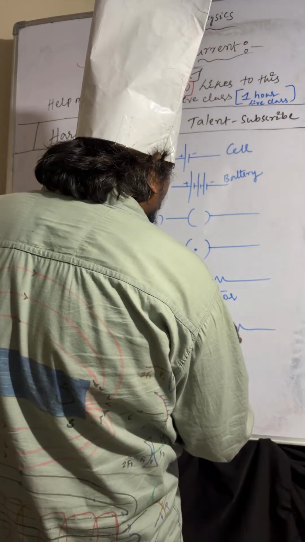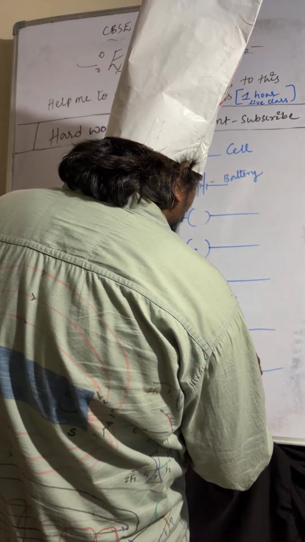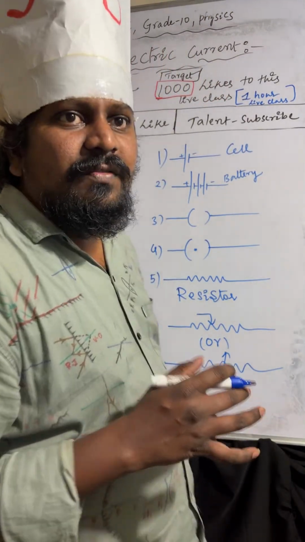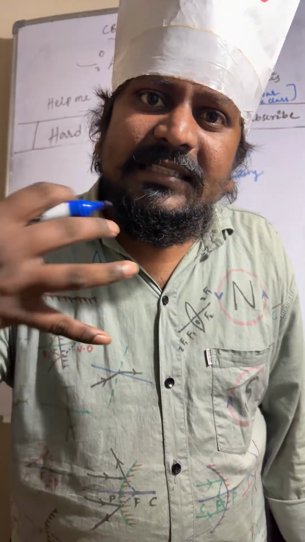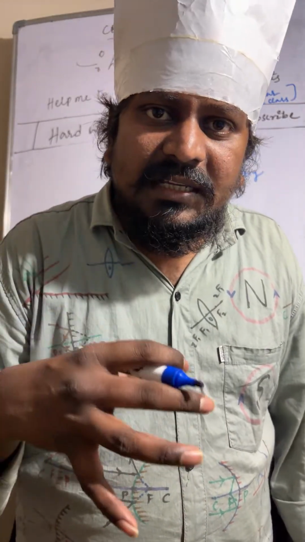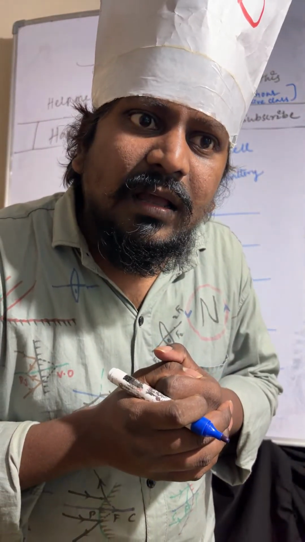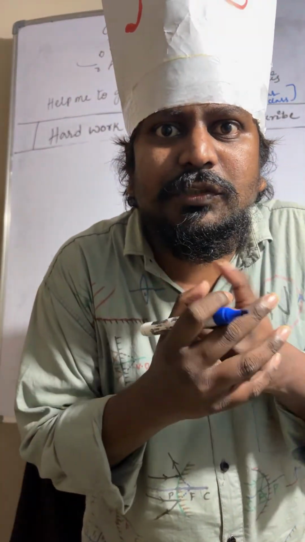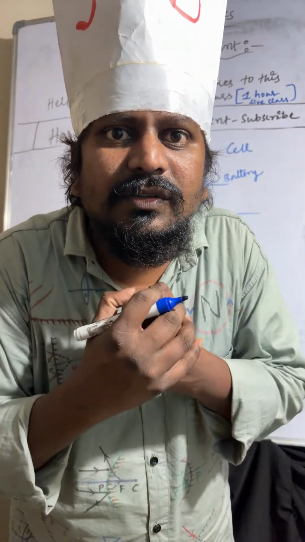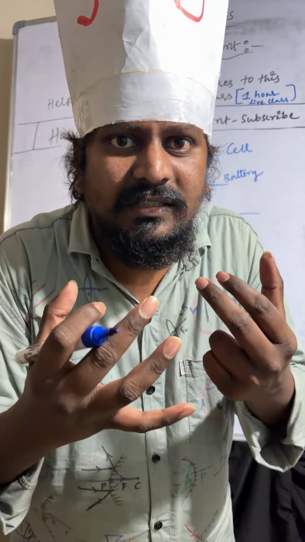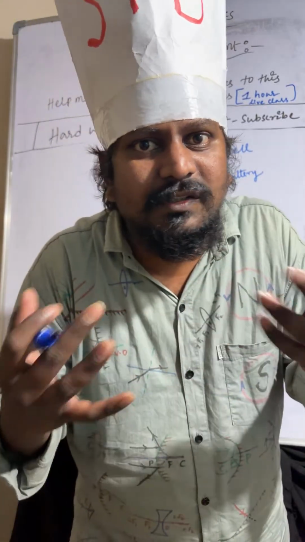This is the rheostat. Understood? So what is the use of rheostat? Rheostat is a device which is used to regulate the current without changing the voltage source.